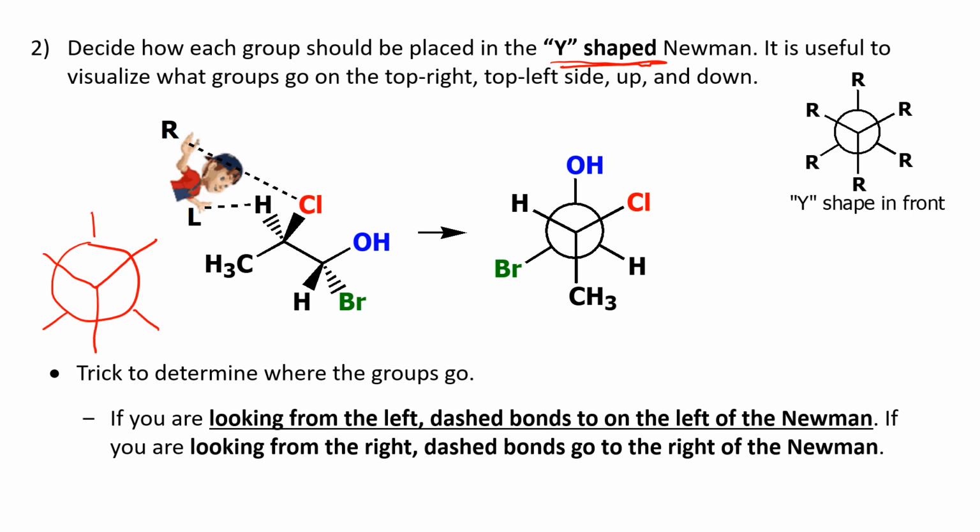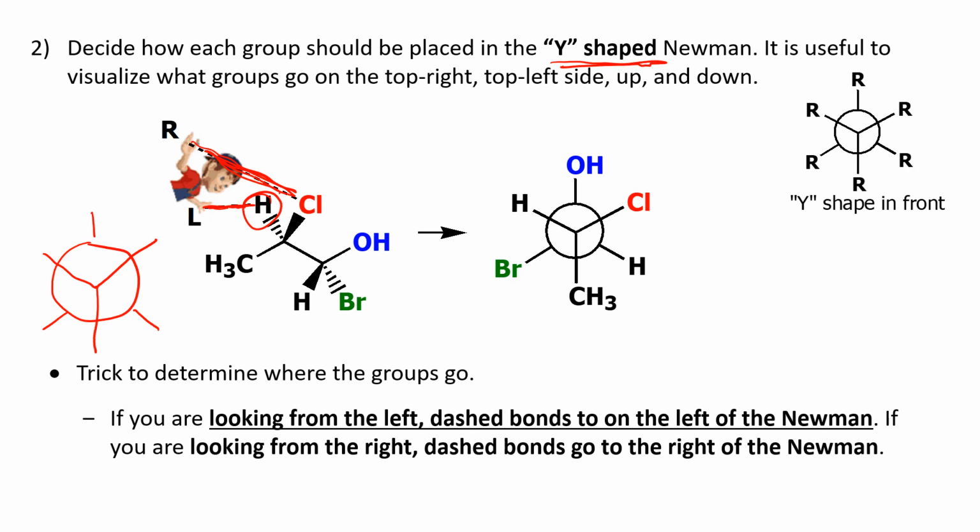Notice if I'm looking from the left here, the dash bonds, so the hydrogen's a dash, will be on your left when you flip this. Imagine rotating this around now. Pretend like you are this person looking at the Newman projection, and see how the left hand is on the hydrogen and the right hand is on the chlorine.